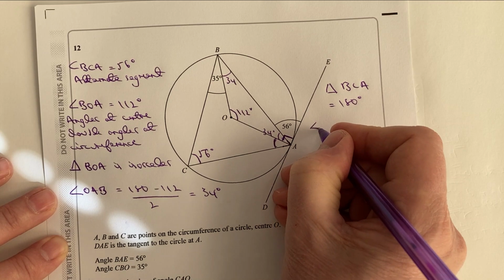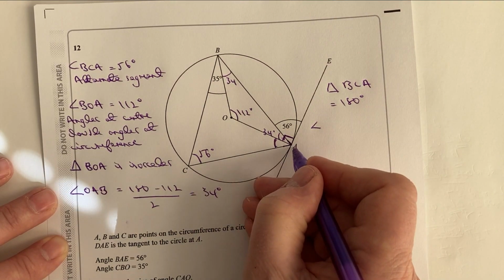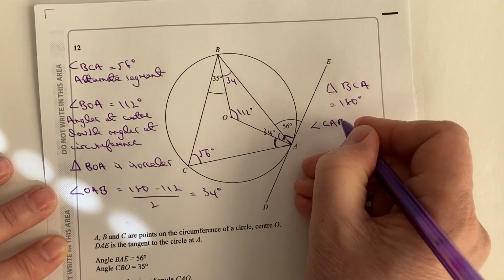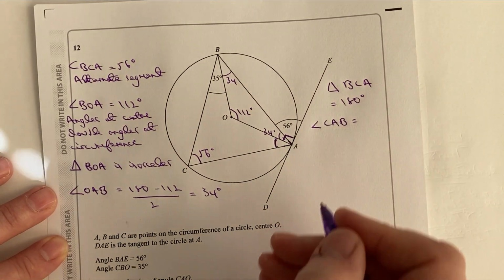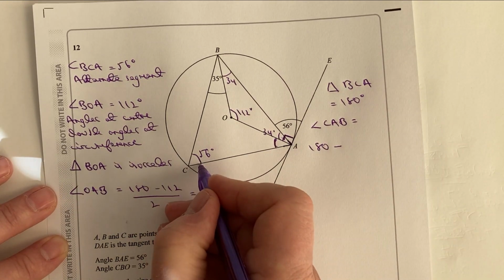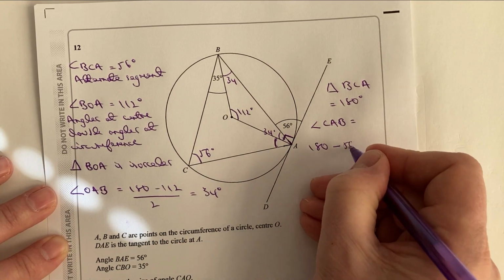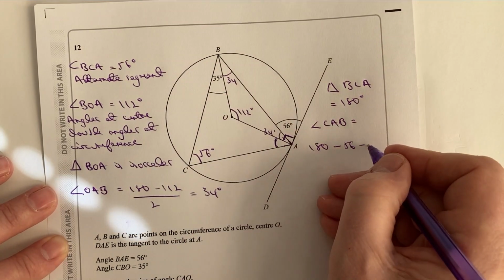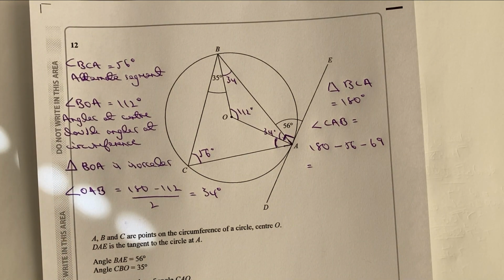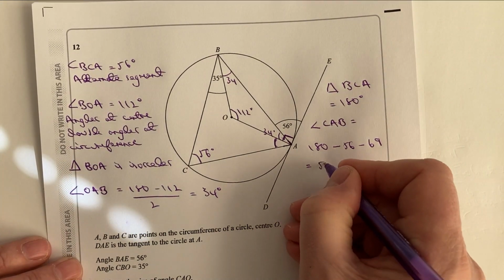So this angle, CAB, is going to be equal to 180 degrees minus this 56 minus this, which is 69. So that's going to give us 55 degrees.